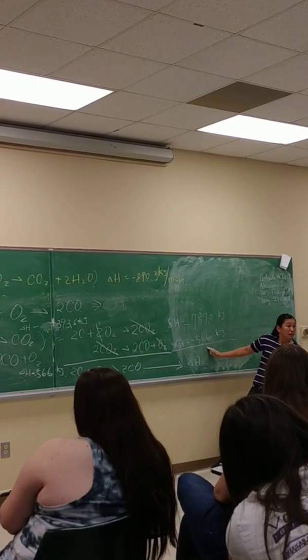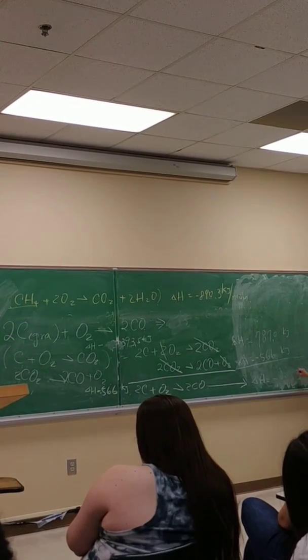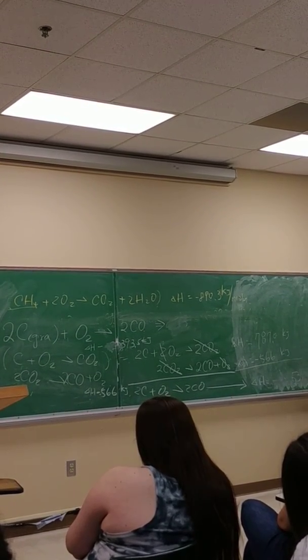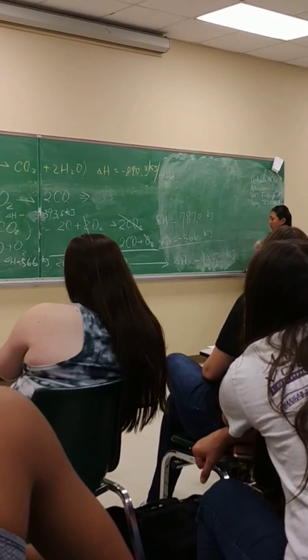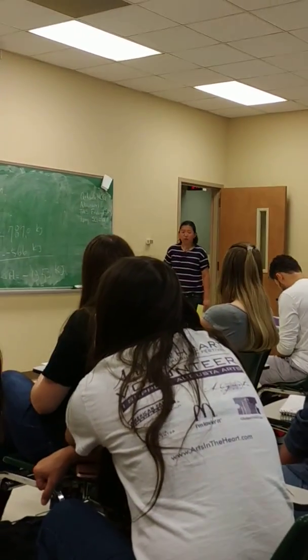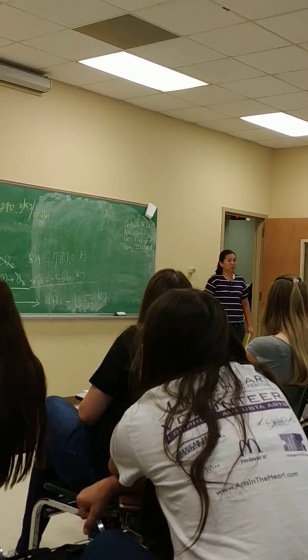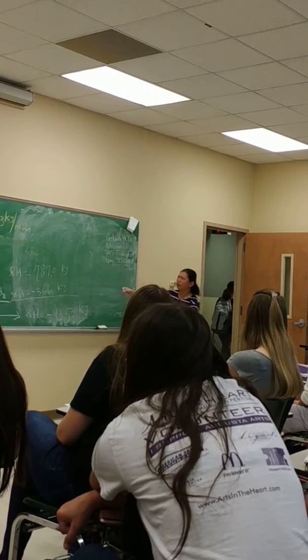So this main reaction, the delta H, you add them together. So definitely minus, right? Minus 1,353 kilojoule. Huh? Oh, sorry.